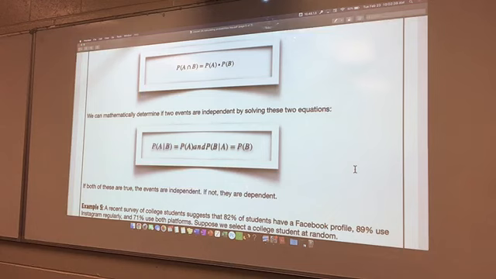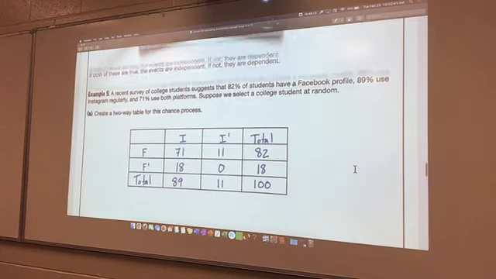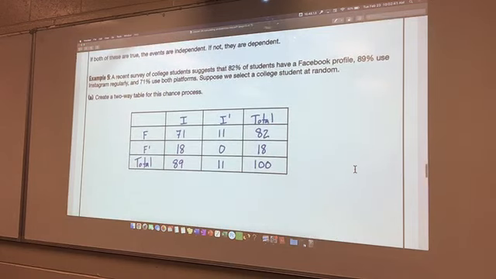Oh, shoot, I did it backwards. Facebook is rows. It doesn't matter. When you say column, I was thinking up and down.